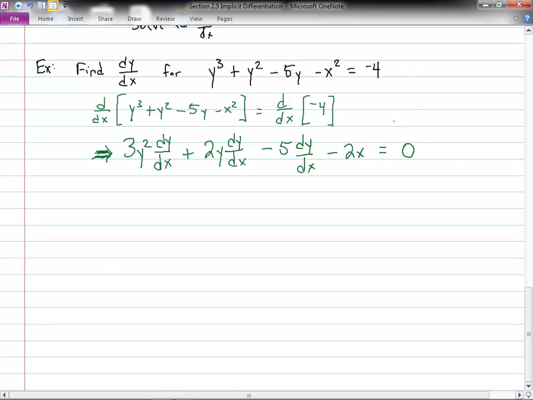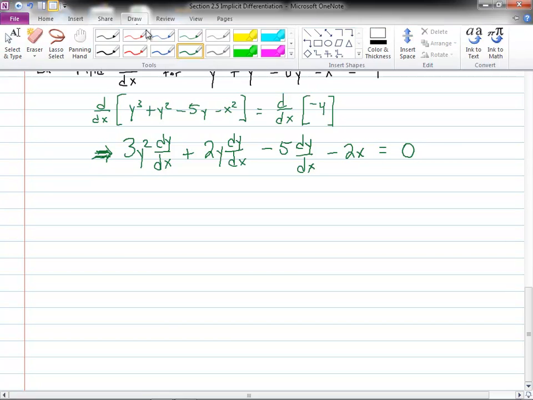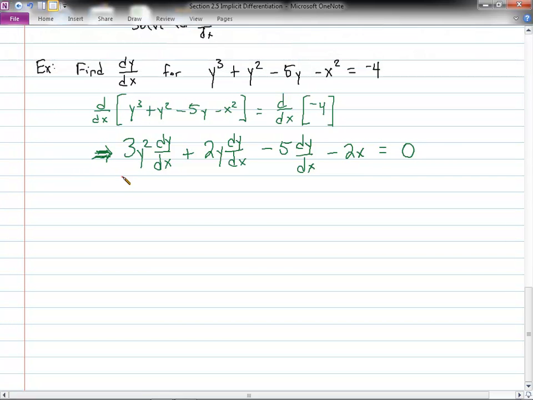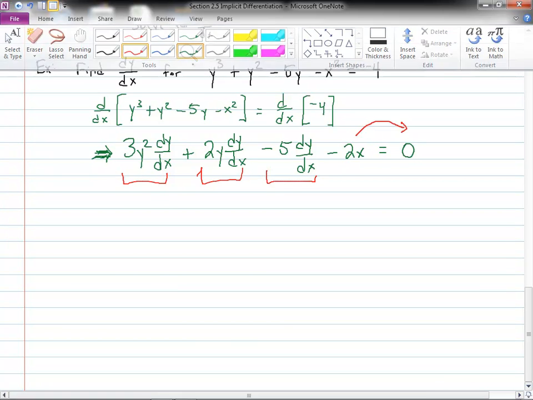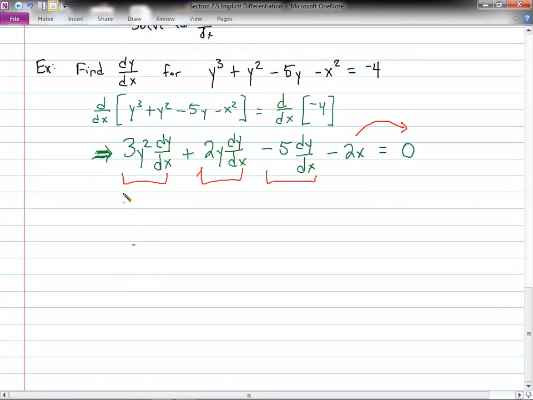Okay, then next step is to solve for dy dx. So you'll notice that we've got 3 terms here that have a dy dx in them, and that one doesn't, so I'm going to move it to the other side. Once I move this over, the right-hand side will have 2x on it. The left-hand side has these 3 terms with dy dx multiplied in, so I can factor it out.